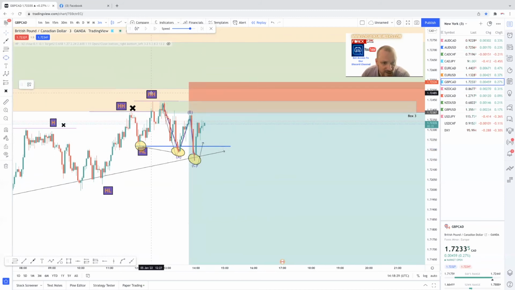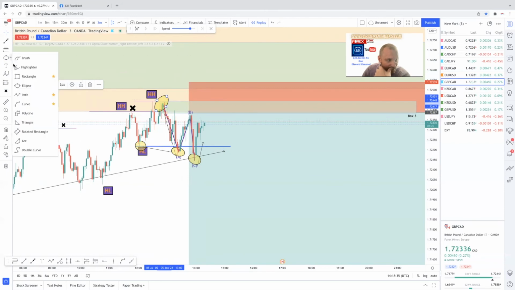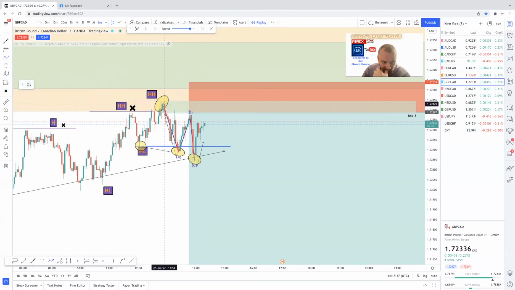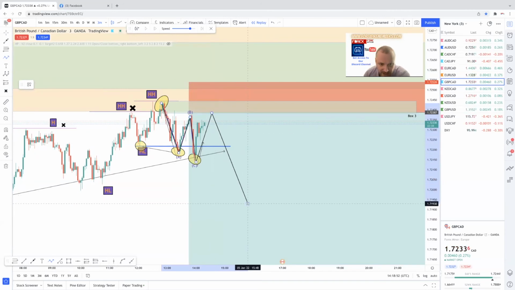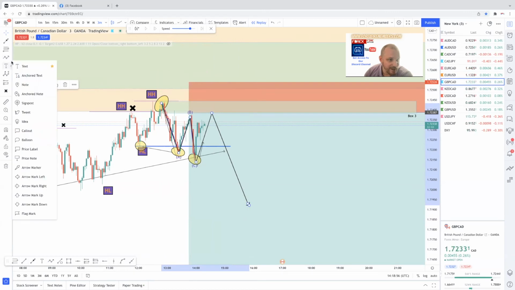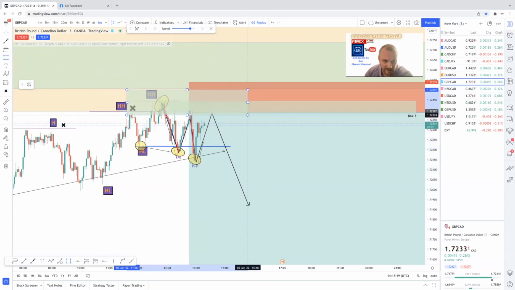Now, if this structure holds, if the high structure holds, we would anticipate the price to sort of come from the higher end to the low, making a lower high, a lower low, and then we would anticipate this move here to bounce off here to then come down and give us the initial big drive down, depending on if this structure right here holds.